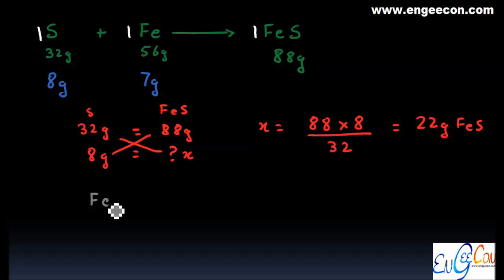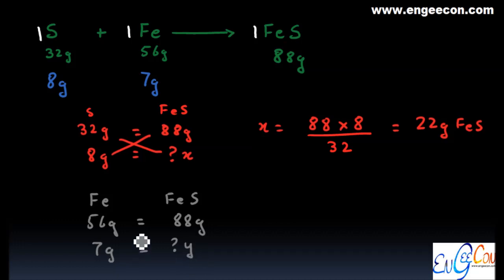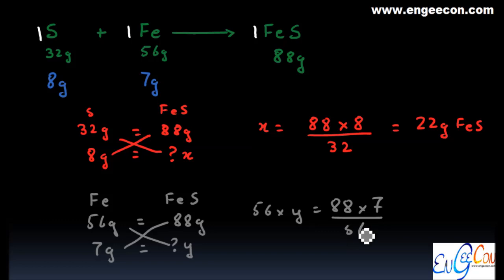And in case of iron, if 56 gram of iron produces 88 gram of ferrous sulfate, so 7 gram of iron will produce how much? Take it as Y. By cross multiplication, we have 56 multiplied by Y is equal to 88 multiplied by 7 divided by 56, which is 11 gram of ferrous sulfate.